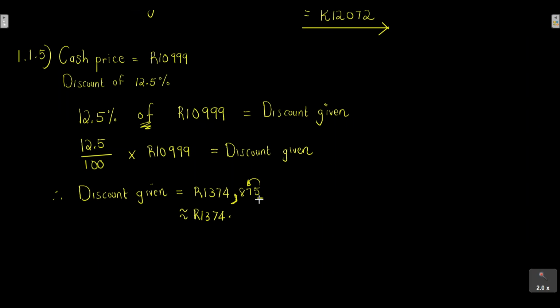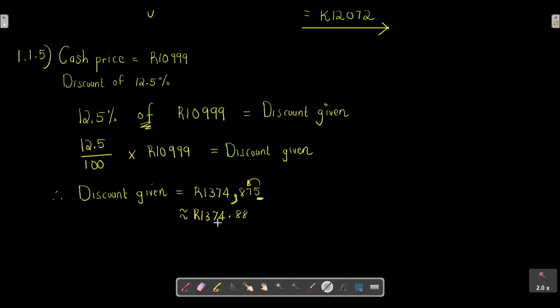If we had a value lower than 5, we would just keep this value the same. But in this case, because we've got a 5 here, if we round off to 2 decimal places, it will be 1,374.88 cents. And that is our final answer.